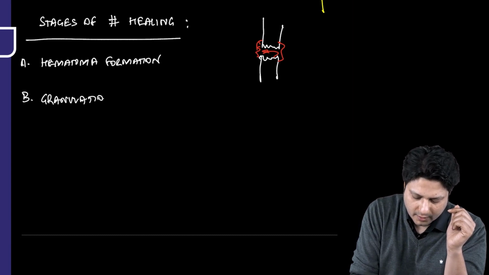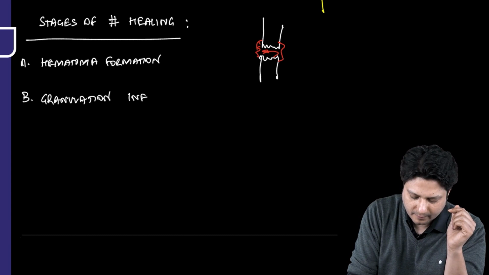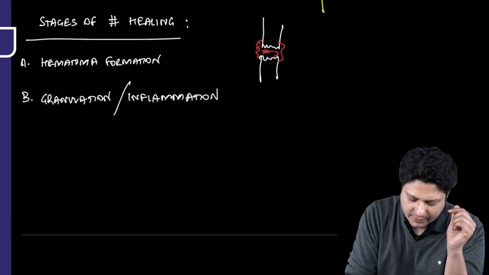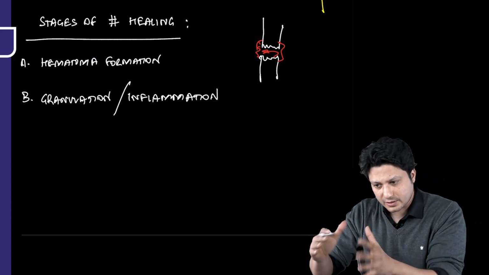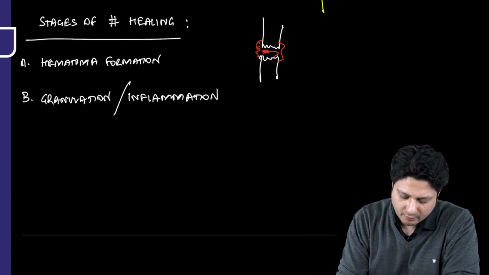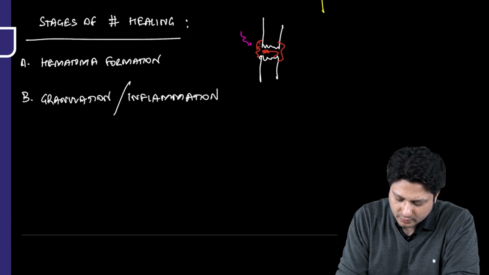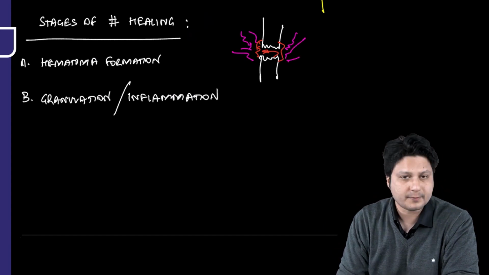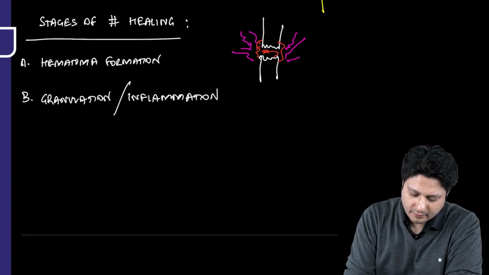As I told you, granulation is the stage of inflammation where all the inflammatory mediators which are responsible for initiation of the fracture union at the site would be activated. So there will be a formation of a granulation tissue around the fracture site. Now, over a period of time, what will happen?